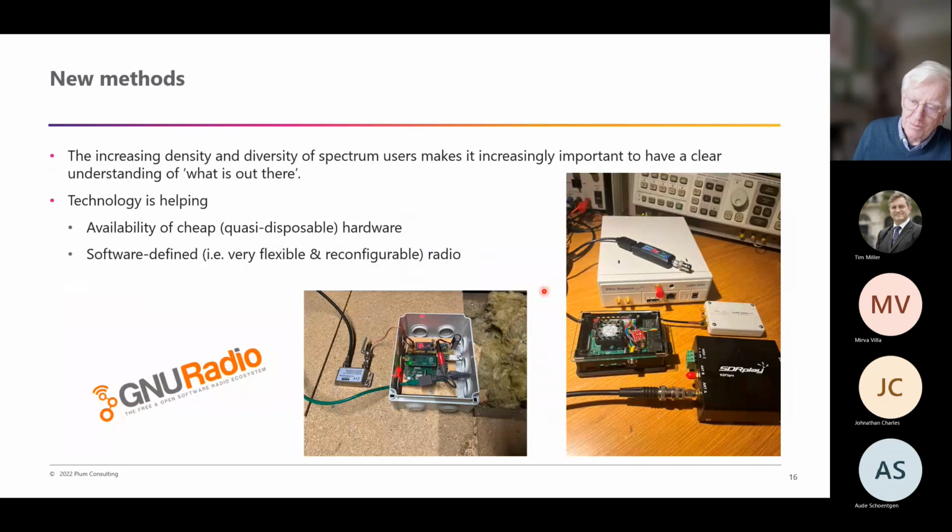So I've talked a bit about the problems of making measurements over wide areas and sampling signals that can change very quickly spatially, and the need for long-term measurements to understand temporal variations. And it all seems very hard, but technology is helping because receiving equipment is getting much cheaper and more flexible.